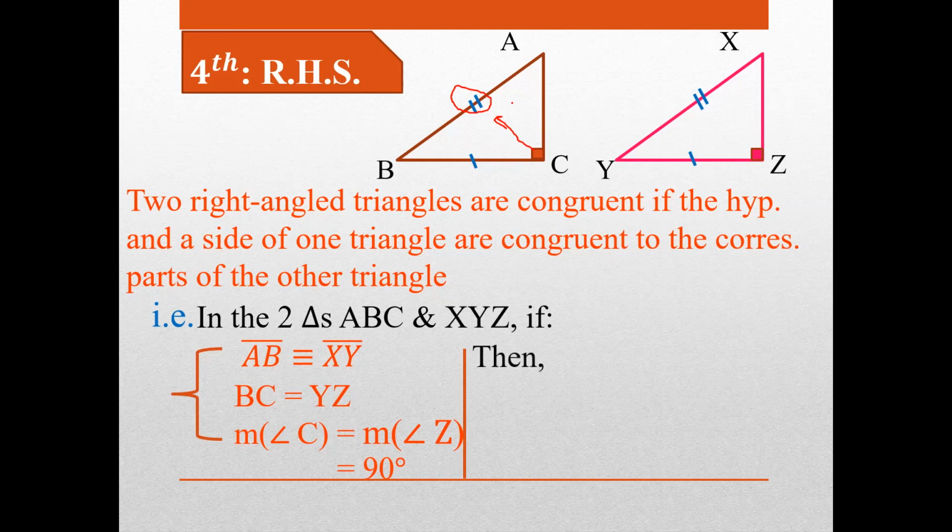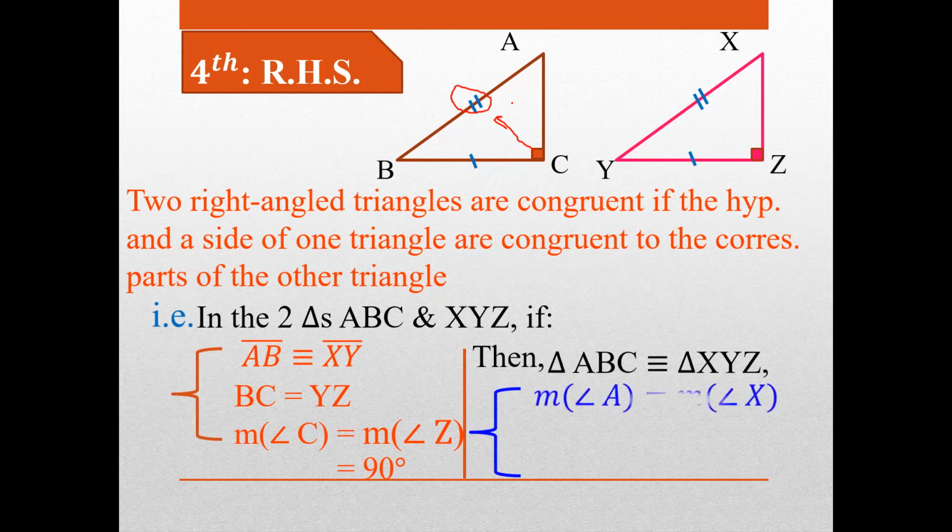Then triangle ABC is congruent to triangle XYZ. We say that the triangles are congruent, then each element in the first triangle is congruent to the corresponding part in the other triangle.